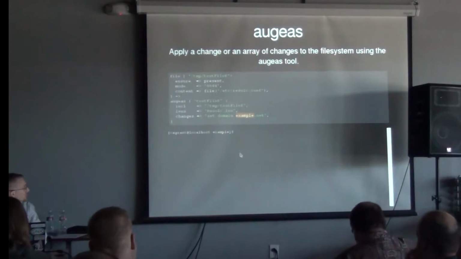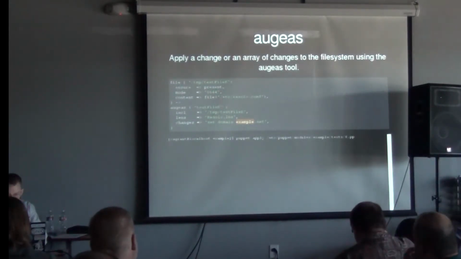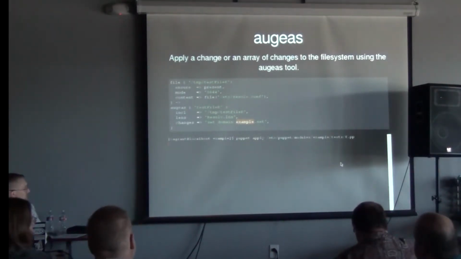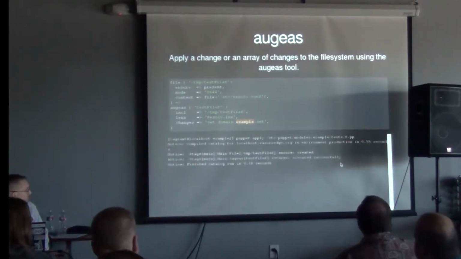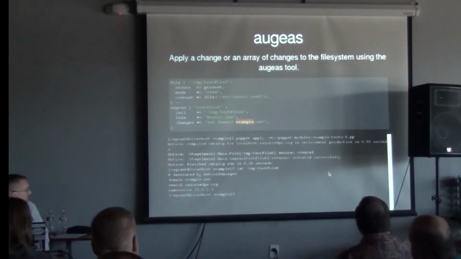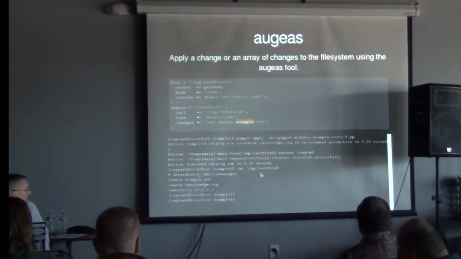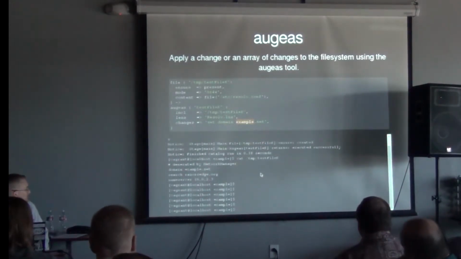So let's go ahead and run this and see what Puppet will give us. All right, so we've created the file and allowed Augeas to operate on it. Our temp file here is basically saying domain example.net.